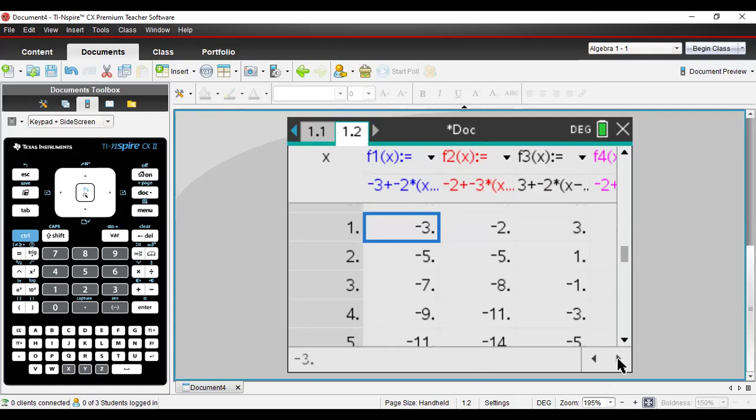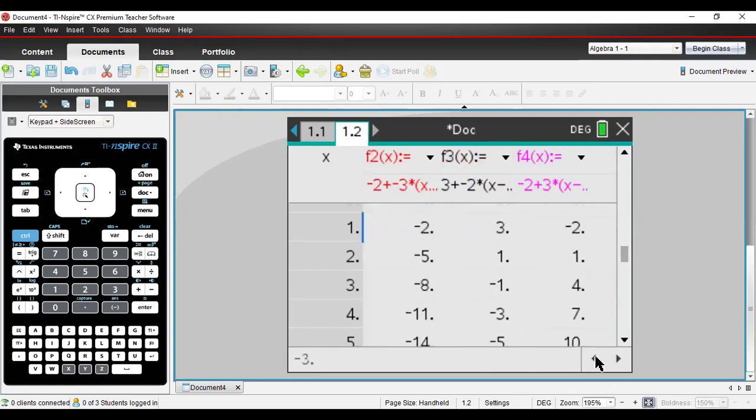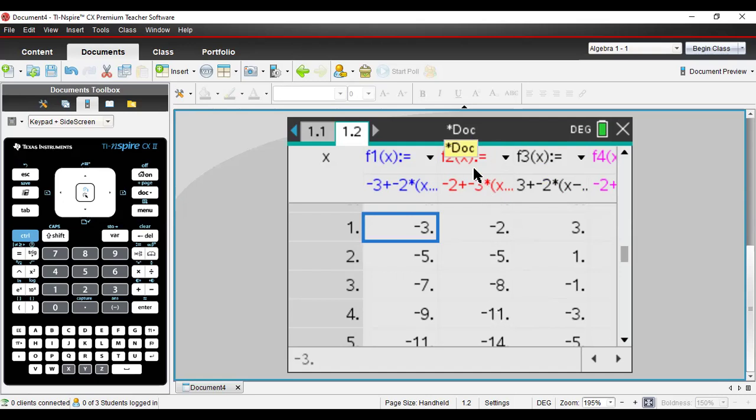Oops, let's go back. So this one right here starts at -3, so it's not this one. This one has a -2, it has a -5, second term, third term is -8, fourth term is -11, fifth term, so it's this one. It's the second one that we chose.